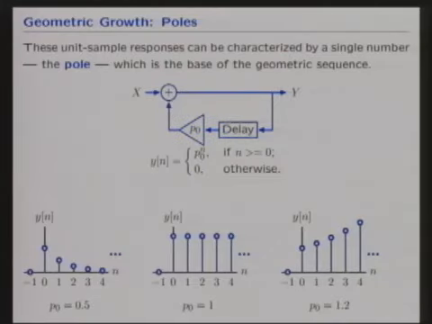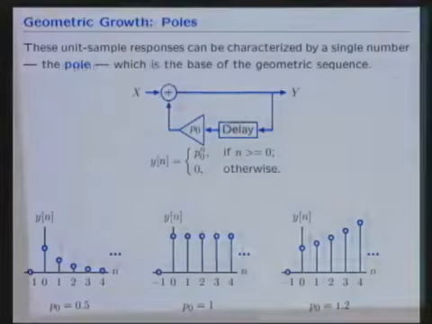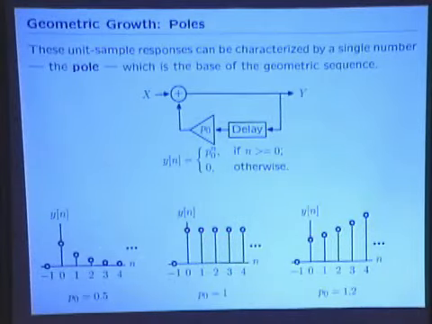So for example, if p naught were a number less than 1, you could get a decaying geometric sequence. If p naught were 1 exactly, you would get a response that never decayed or grew. And if p naught were a number bigger than 1, then the response could grow infinitely. So that's a very fundamental characteristic, and we call that number p naught the pole.